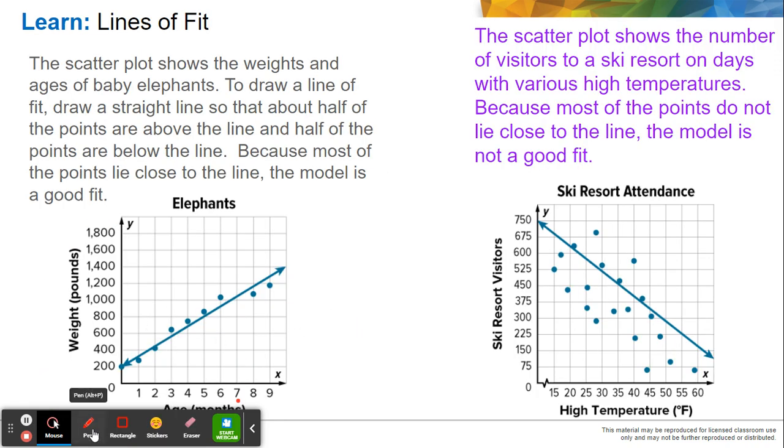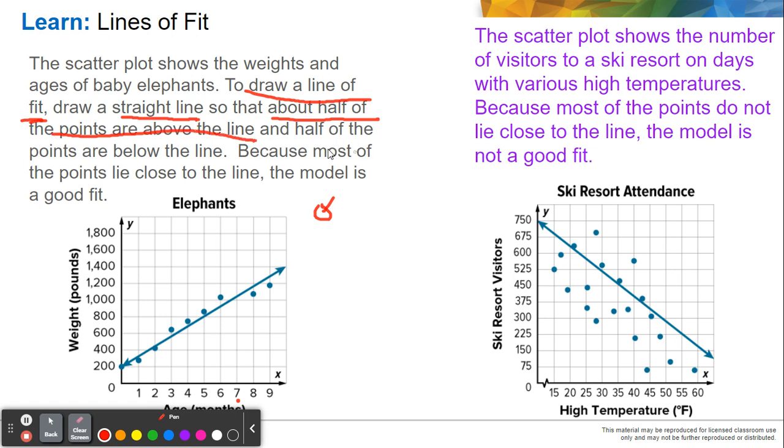Let's have more examples of the line of fit so that we better understand its use in our scatter plot. Let's take a look at this example. The scatter plot shows the weights and ages of baby elephants. To draw a line of fit, remember, draw a straight line so that about half of the points are above the line and half of the points are below the line.